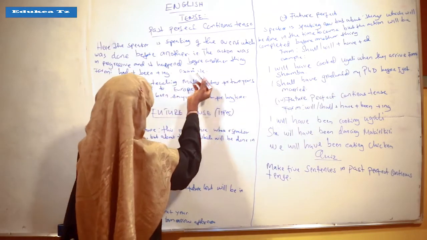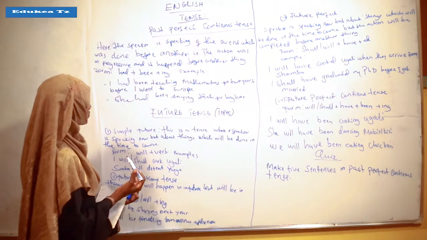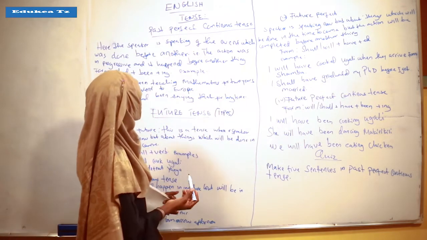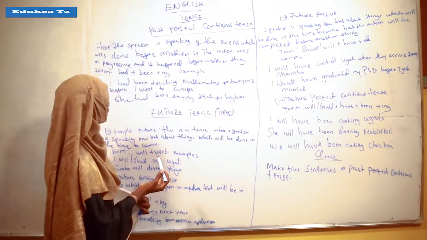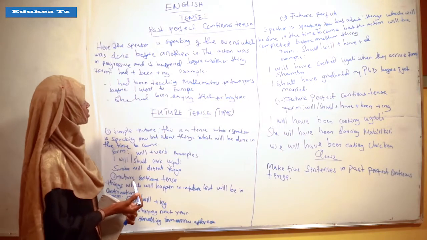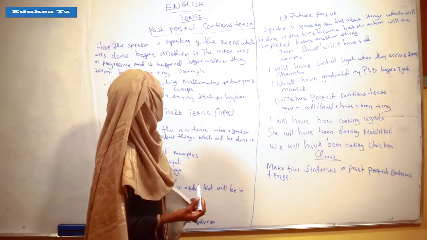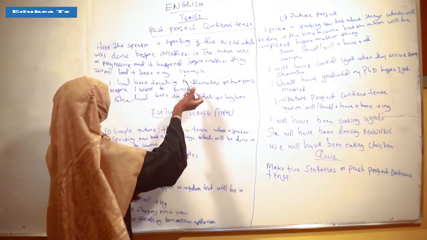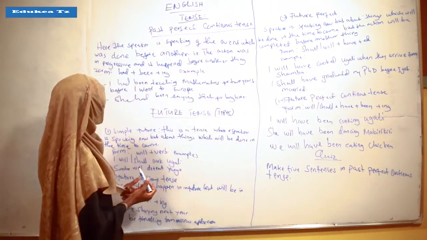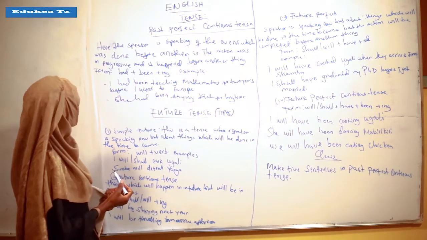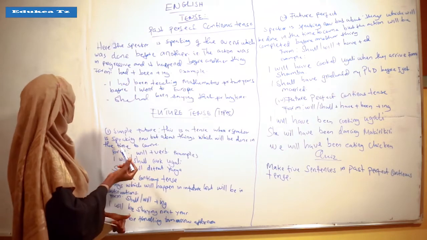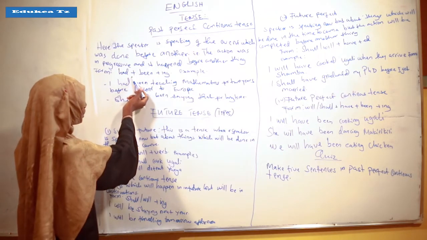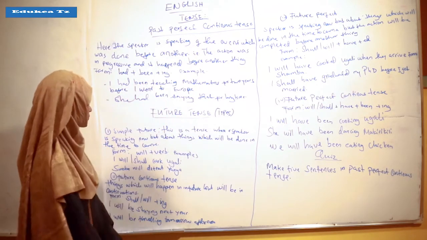It happened before the reference point, and though the action was completed, it was in continuation, which makes it continuous tense. The formula here is had plus been plus ing.